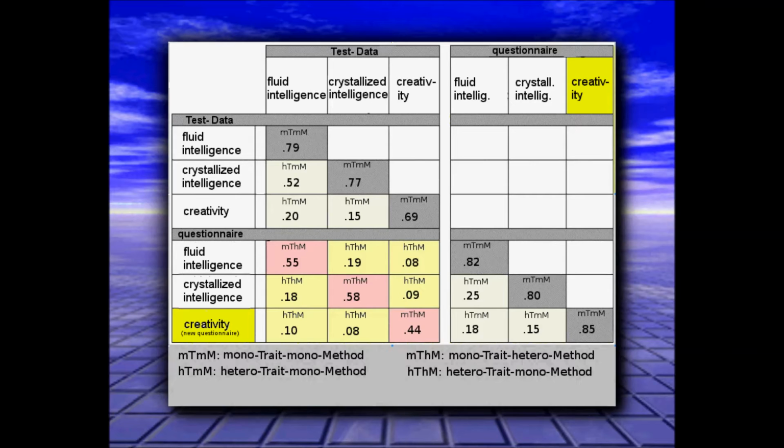What's really great to see is the high reliability of our newly developed creativity questionnaire, which is 0.85, which in fact is the highest number of all. So in this respect, it really seems you did a really good job. Your questionnaire is really reliable.